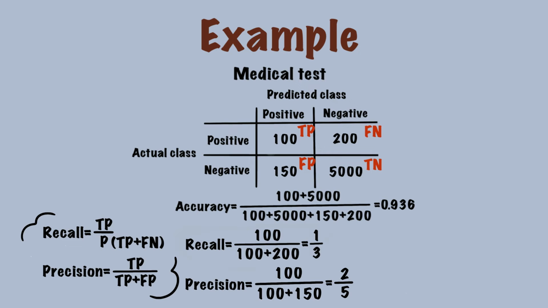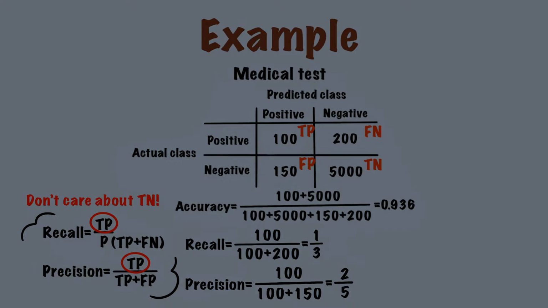That is, the completeness of this model is about 1/3, and the exactness is about 0.4. As you might notice, the interest of these two measures is true positive, and true negative is not involved at all. Thus, we use recall and precision when we don't care about true negative.